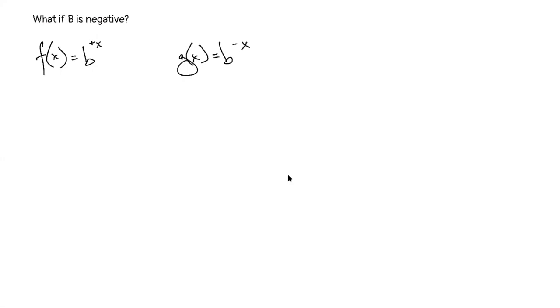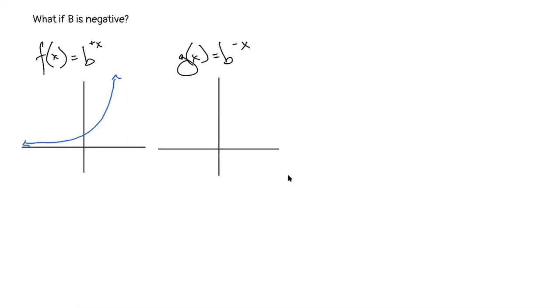Now, this graph for f of x, if we were to sketch a quick graph, all right, we know that f of x is going to start down here, go up like that, okay? But with our g of x, all right?